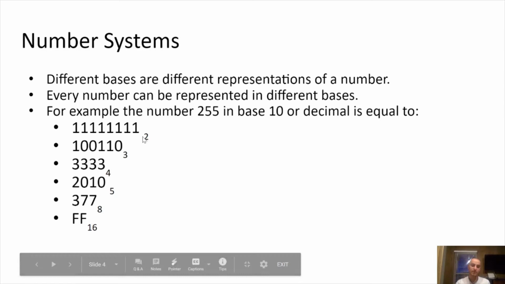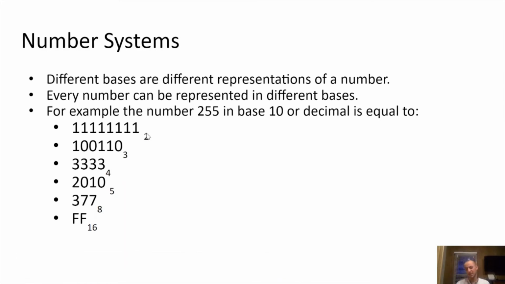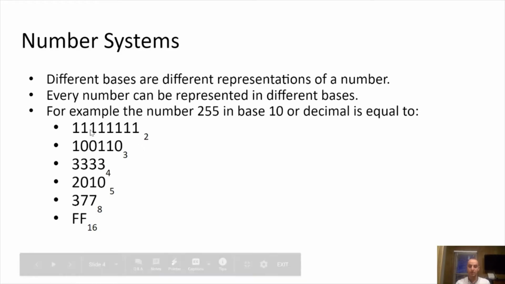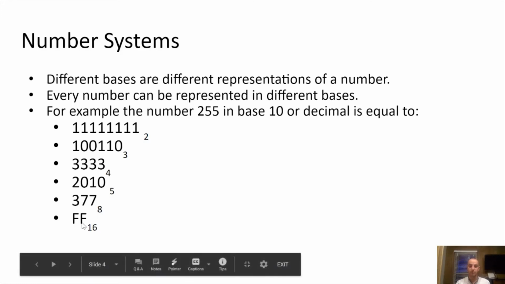One side note here is that as we increase our base, the number becomes smaller, with fewer digits. Compare base 2, which is 8 digits, versus base 16, which is only two digits. Our base 10 is going to be somewhere in between.